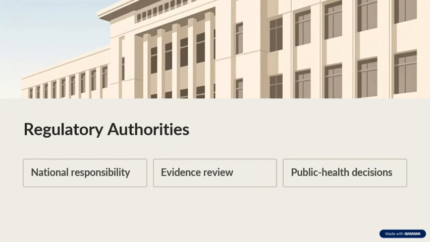While their names, procedures, and timelines may vary, their purpose is the same: to review evidence, ask questions, and make public health regulatory decisions. Regulatory affairs always work within this context, applying shared global principles within local regulatory systems.